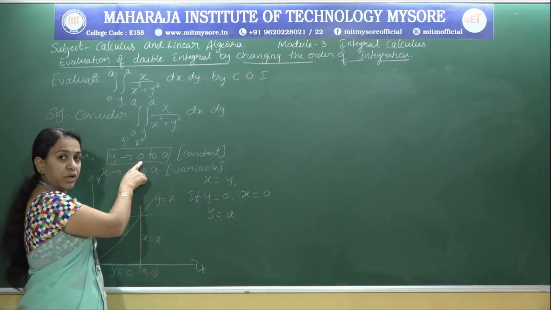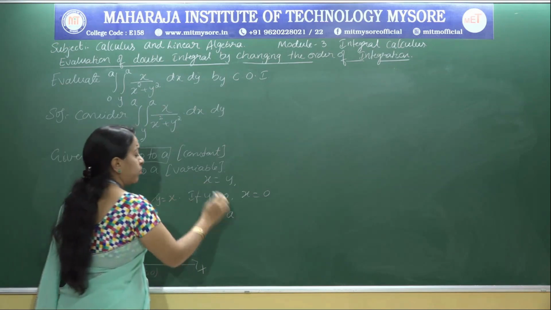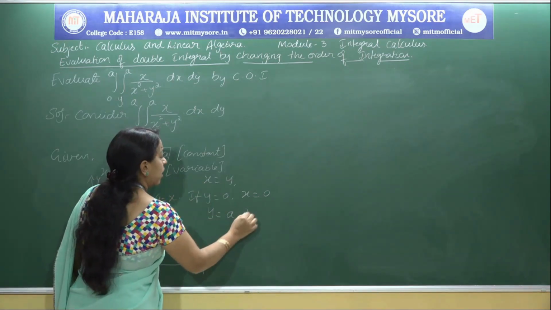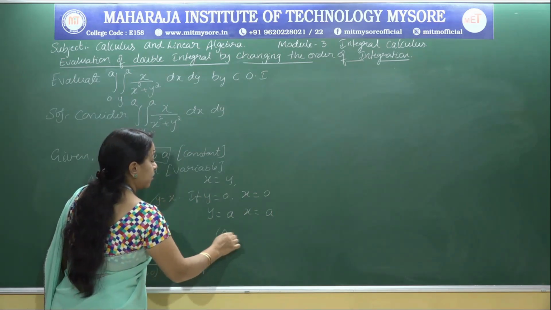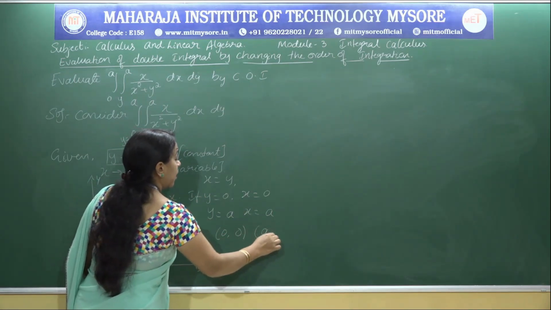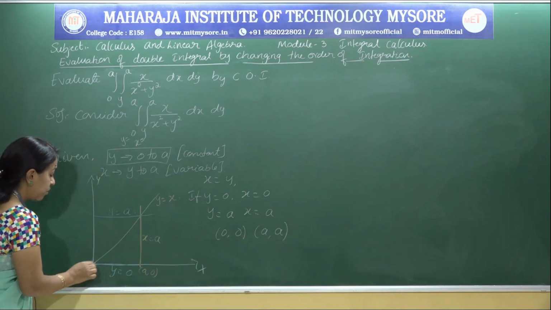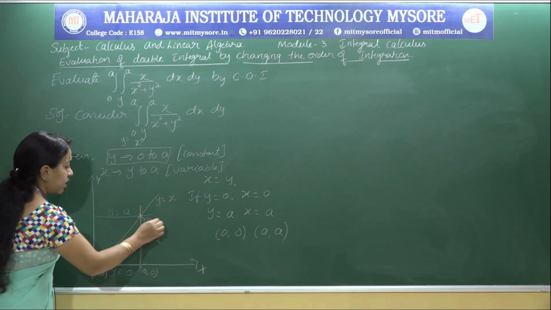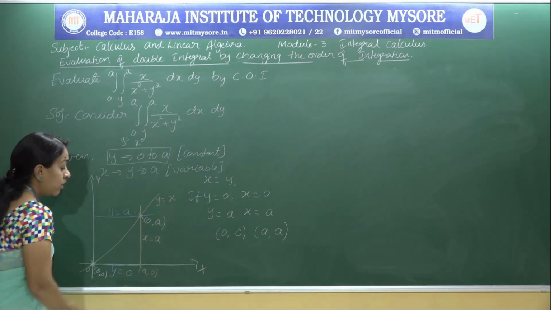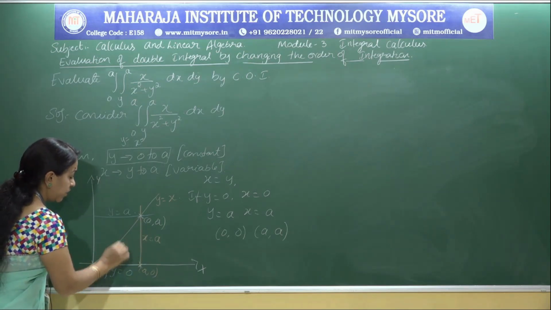So first I substitute y as 0, then we are now substituting y as a. So if I put y equal to a here, I am getting x as a. Therefore the points of intersection are 0 comma 0 and a comma a. We have 2 points. This is our point of intersection 0 comma 0 and a comma a. I consider this point again. So this will be a bounded region.